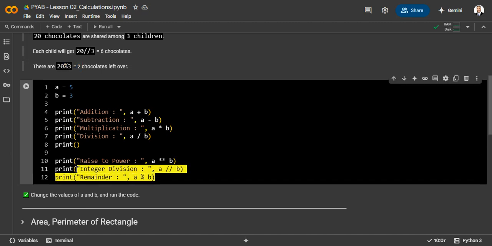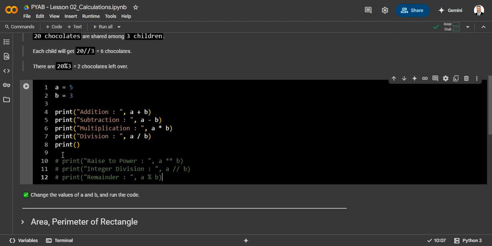For the time being, let me comment out this section. To comment out easily, you select this whole area and then press Ctrl slash on the keyboard. Again Ctrl slash to uncomment, comment, uncomment. This is an easier way than manually typing out the slash everywhere.